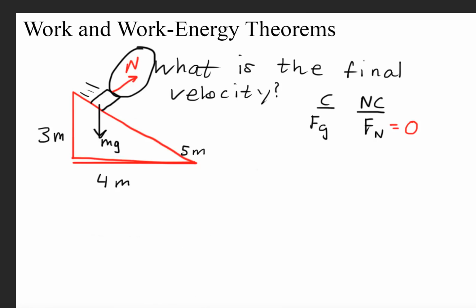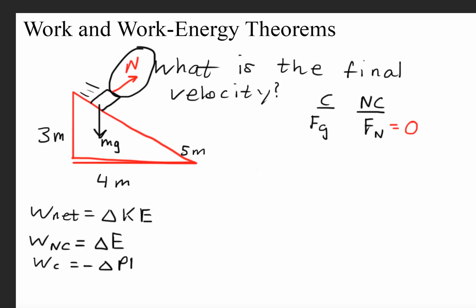I will write all of them down right here. So we have the net work, which is equal to delta KE, our work done by our non-conservative forces, which is delta E, and don't worry, I'll explain what delta E means in a minute. And finally, we have our work done by our conservative forces, which is negative delta PE.